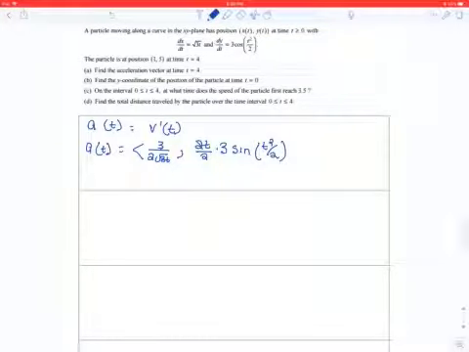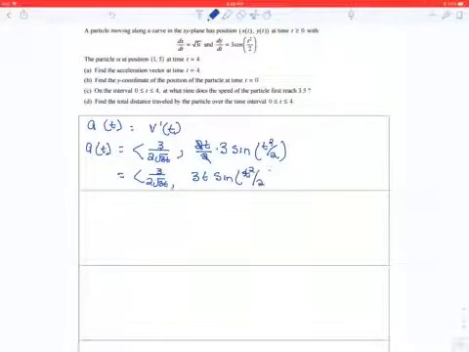If we clean that up, we get 3 over 2 square root of 3t, comma, the 2's cancel out, and we get 3t sine t squared over 2. And that's just the acceleration vector. I'll show you the point value for that in a second. I'm not really sure how they scored that.